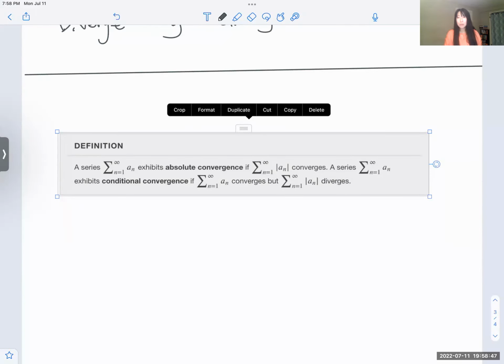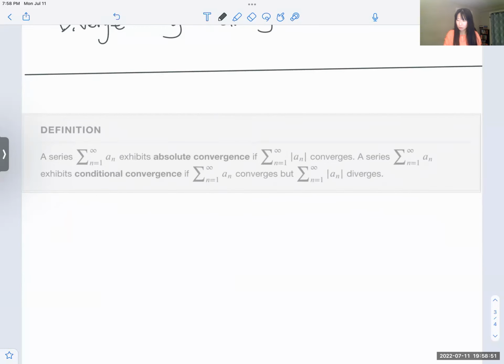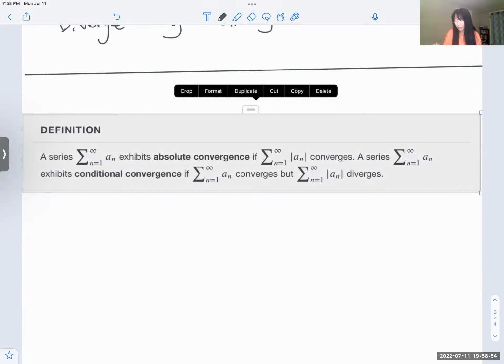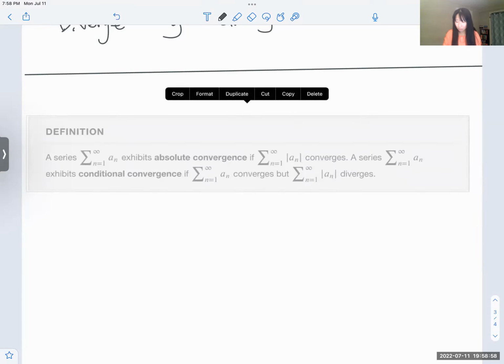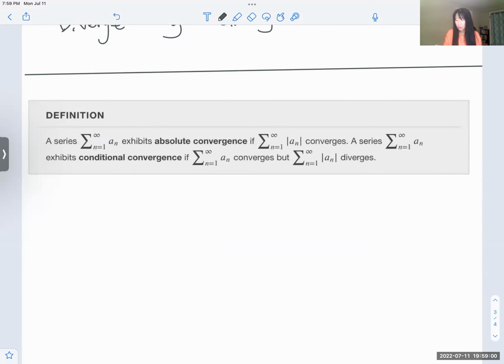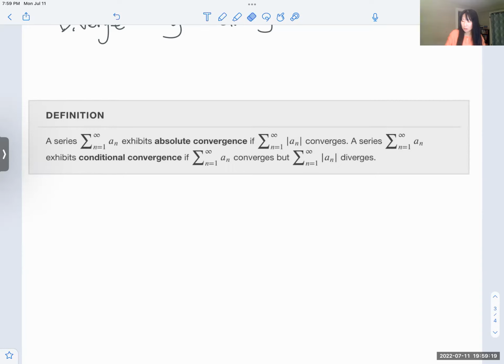So we have absolute convergence and conditional convergence. Look, we have to understand the words. The alternating series test is a little bit easier than the comparison test, the limit comparison test. Absolute convergence and conditional convergence are a little bit confusing as well.